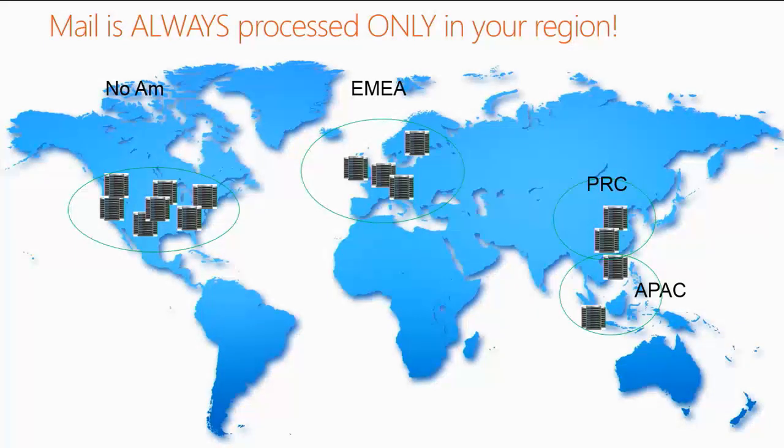In the previous two regions, we guarantee geo-affinity, that your mails will be serviced only within your own region. That statement is true for North America. That statement is true for EMEA today. That statement is true for the People's Republic of China.